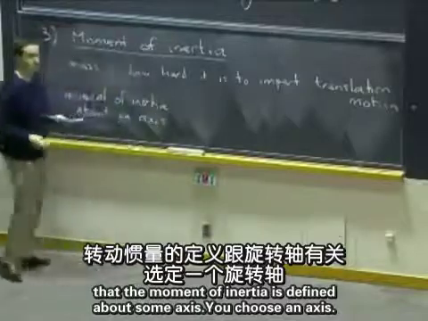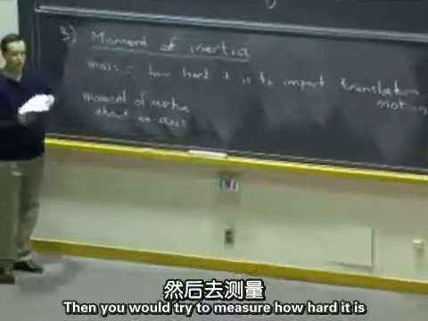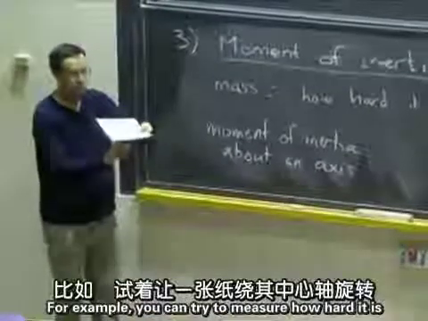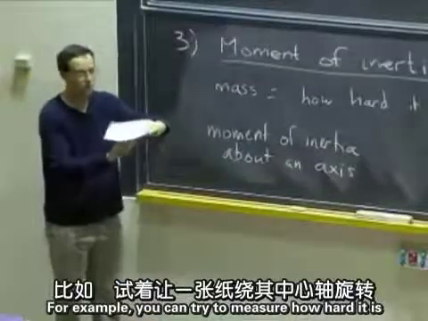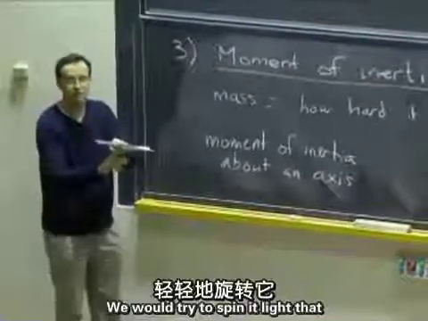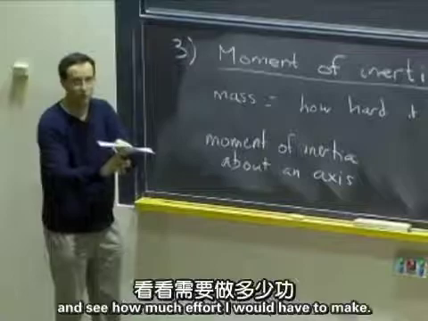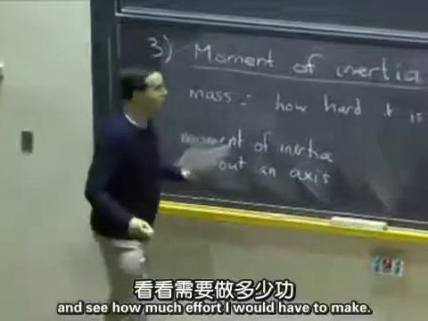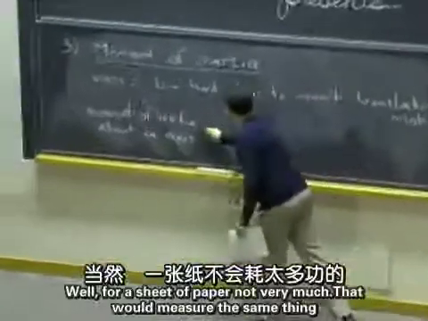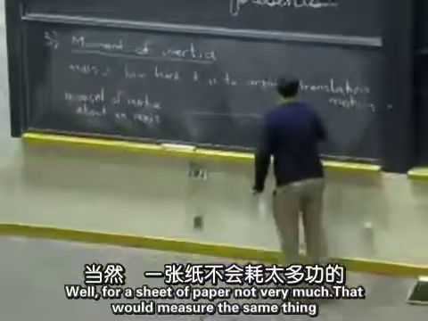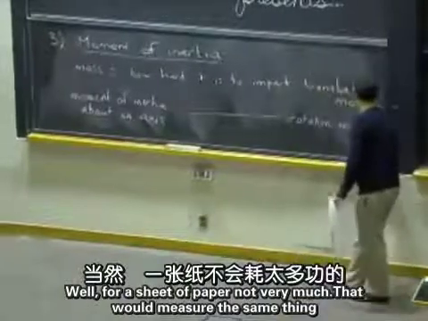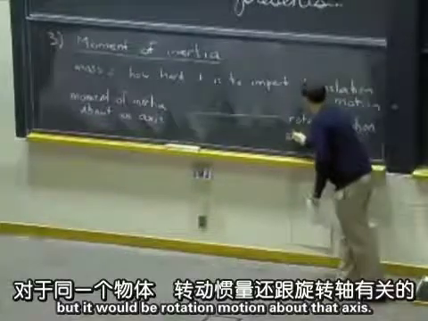So you choose an axis, and then you try to measure how hard it is to spin your object around that axis. For example, you can try to measure how hard it is to spin this sheet of paper about an axis that's in the center of it. Well, for a sheet of paper, not very much. But that would measure the same thing: rotation motion about that axis.